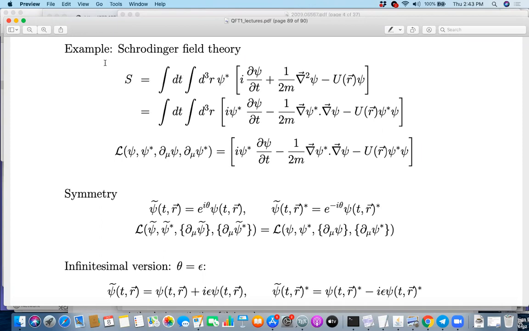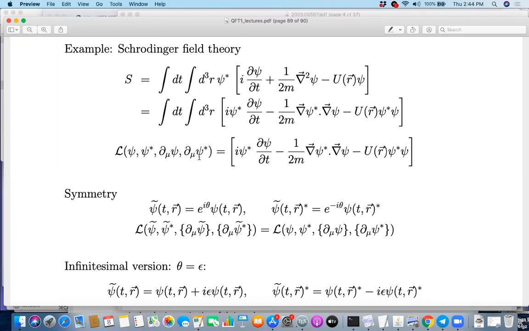Now we can compare. I had written down earlier S as the integral d^4x times L, the Lagrangian density. So whatever is in the square bracket is L. I've made it explicit that L now is an ordinary function, not a functional. It's an ordinary function of psi, psi star, del mu psi and del mu psi star.